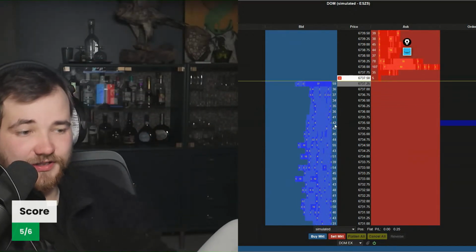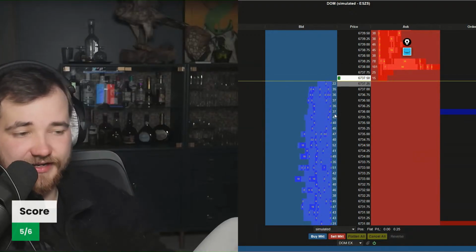Alright, there we go, the snap. Now let's look at this 36 area, if that gets defended.